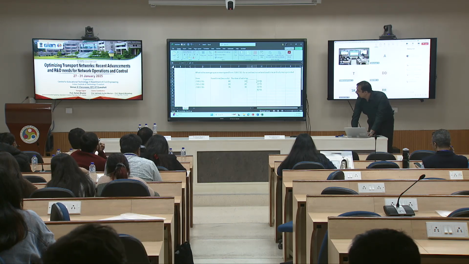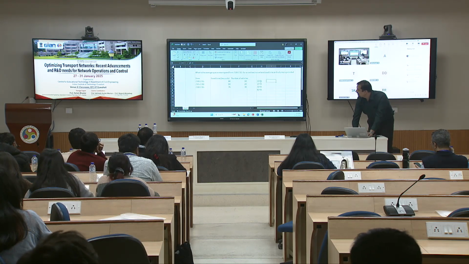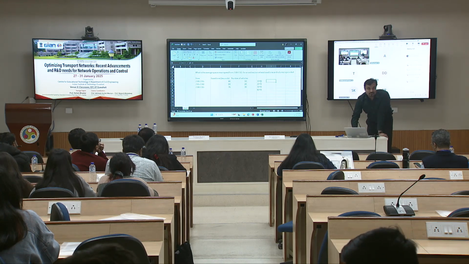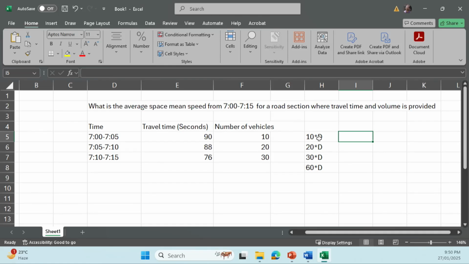Total time should be what? 90 on average, right? It is an average. So what is the total time for those 10 vehicles? Should be 90 times 10, right? So the total time taken by these 10 vehicles will be 90 times 10. Second one will be 88 times 10. Third one will be 76 times 10. Right?